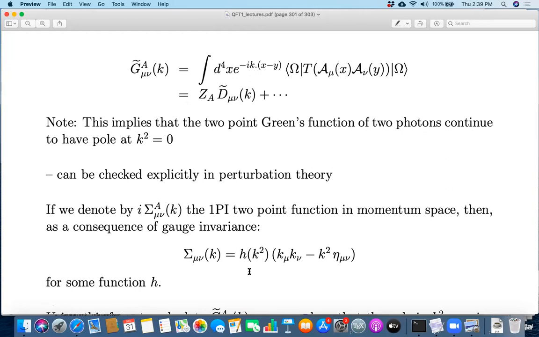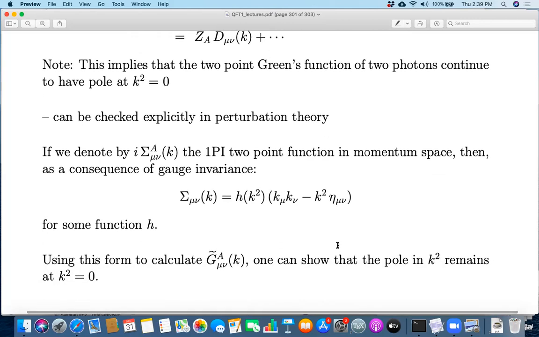It is some function of k squared, which is finite, some function of k squared with a finite value at k squared equal to 0, and then we have this k mu k nu minus k squared eta mu nu structure. Using this structure, which I'll leave as an exercise to you, we can prove that the pole in k squared remains at k squared equal to 0.